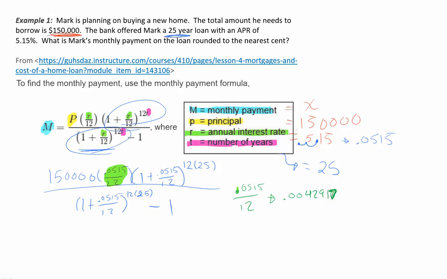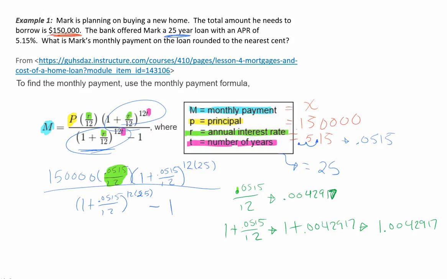Okay, then we know this, and then we're going to take 1 plus 0.0515 divided by 12. Well, we know that is 1 plus 0.0042917. That just turns into 1.0042917. And so then now we have that same part down here as well.